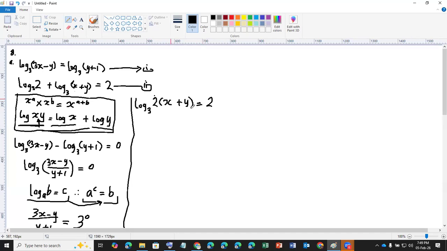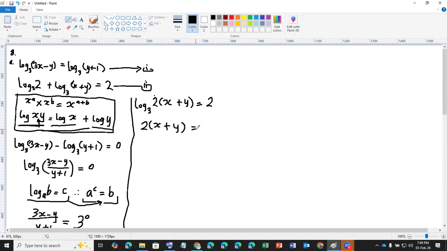We can interpret this as an indices. The thing that owns the logarithm is what I'm writing down: the logarithm of 2 is x plus y.